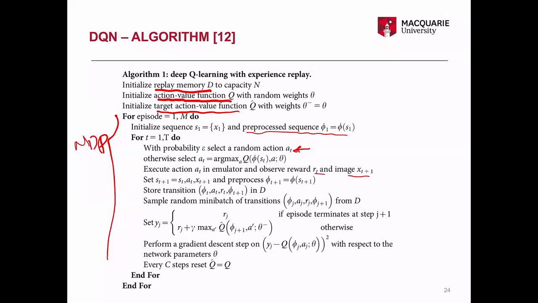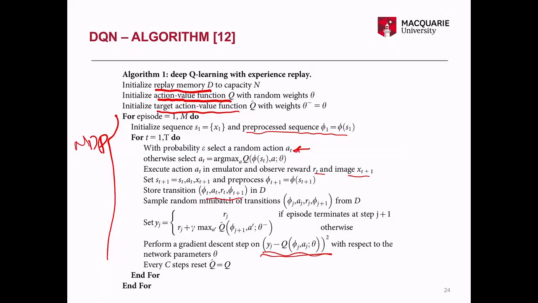Instead of updating your network, you just save it, right? You pack it up in a tuple, like this. You also may want to add done because you need it for the update, but that's the general idea. You save the experience in your data set. And then you sample from that data set randomly and update your network with the mean squared error, like a normal regression function.